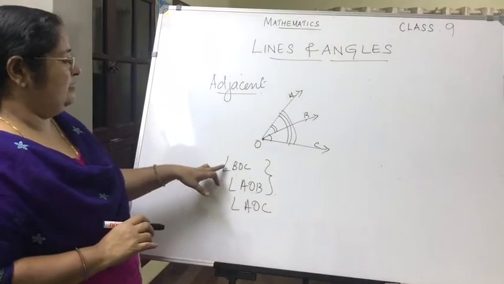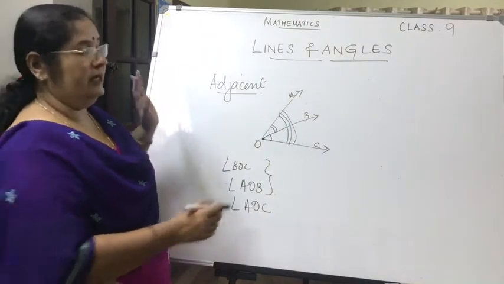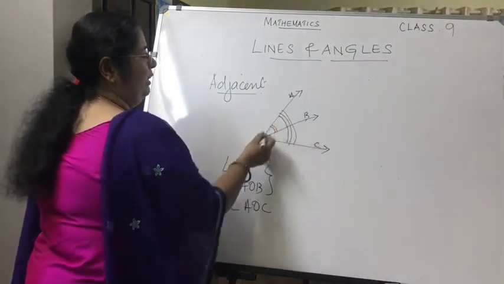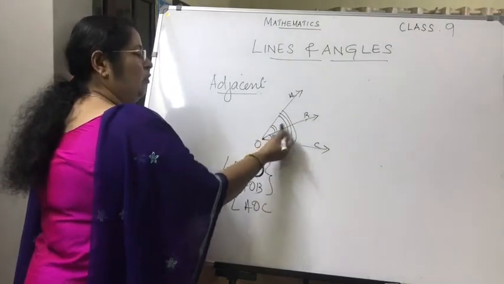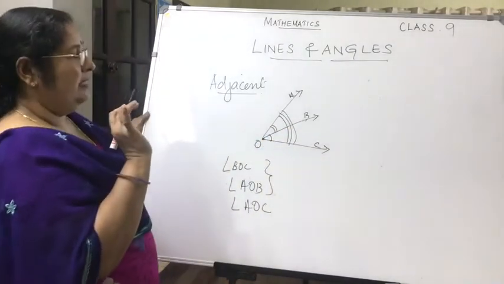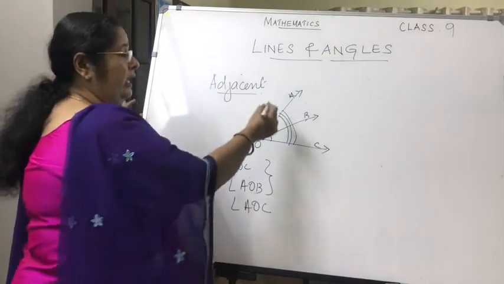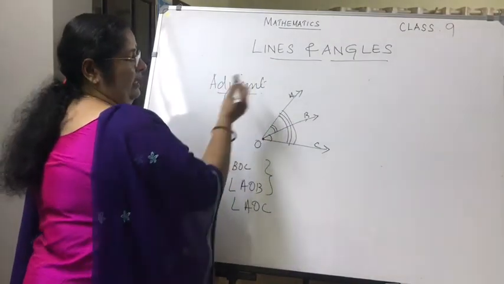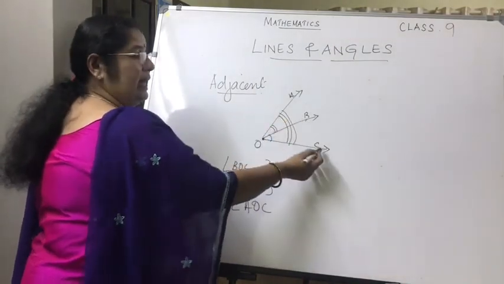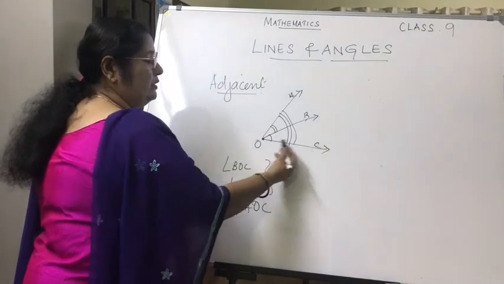So let us take the case of BOC and AOB. Vertex common, OB is a common arm. Which is the other arm? For AOB, the other arm is OA. And for BOC, one arm is OB, the other arm is OC.